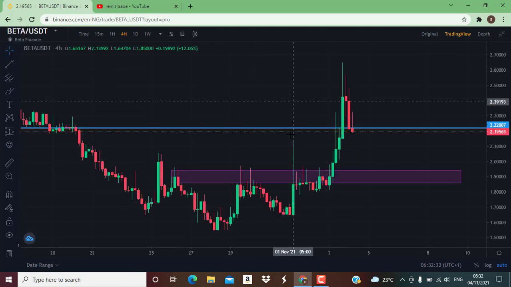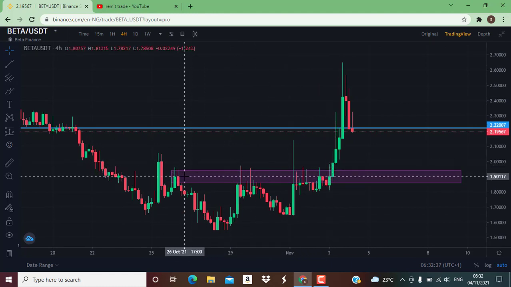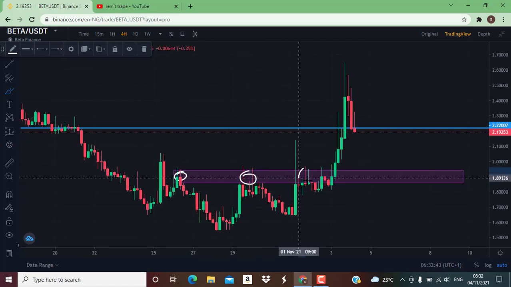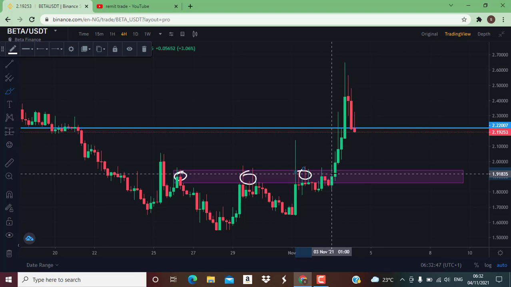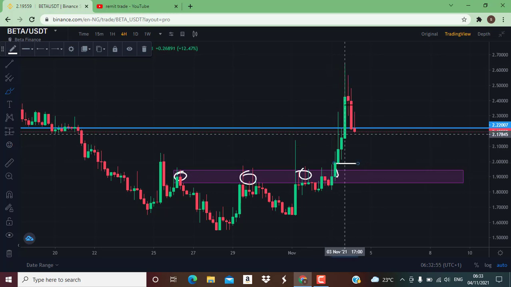BETAUSDT right here, I did analysis yesterday and I said if you see a breakout of this very strong resistance level, see this was a resistance here, a resistance at this point, a resistance here as well, this was where the breakout was very significant, on this particular candle right here. After the breakout, you see the market go far up.